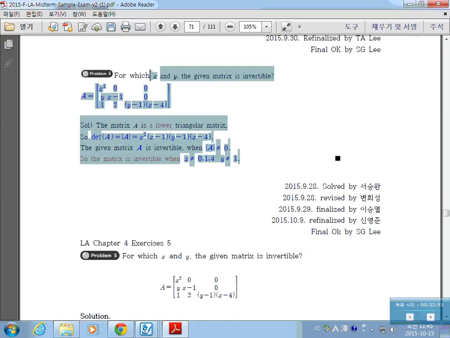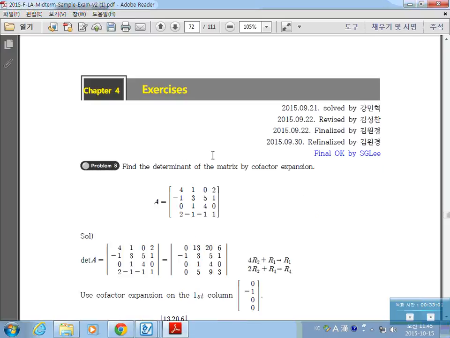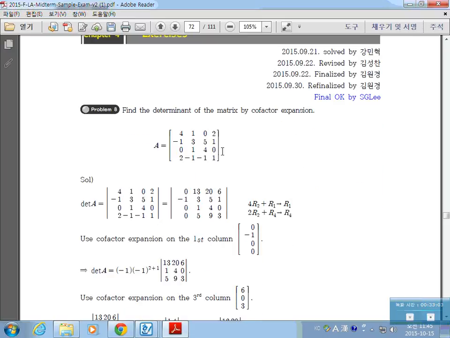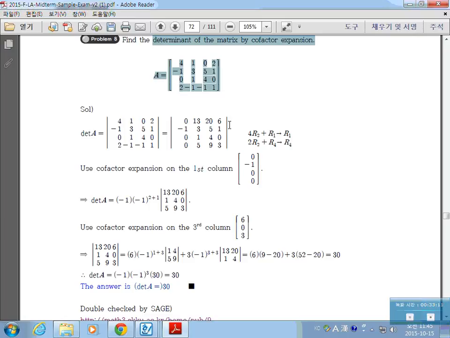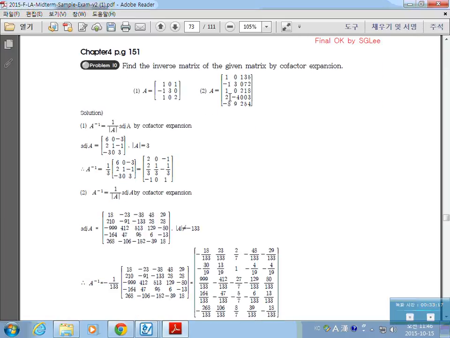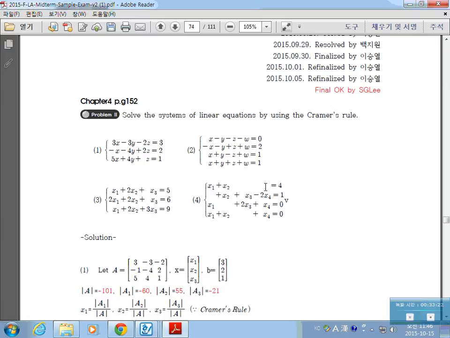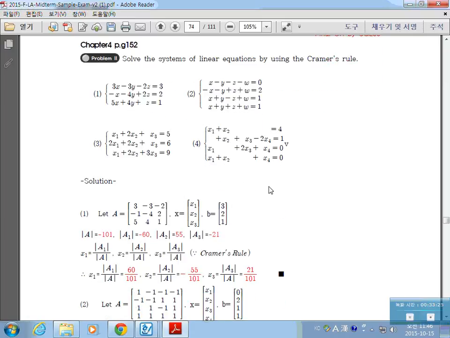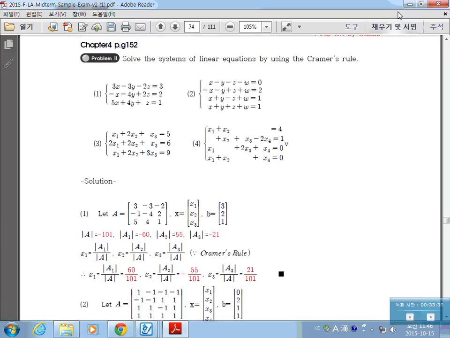You should know the properties of determinants of matrices, which are needed, and Laplace cofactor expansion is a fact that you should know. And also you should be able to use the cofactor expansion to find the inverse matrix of the given one, using cofactors. And Cramer's rule, you should know that.